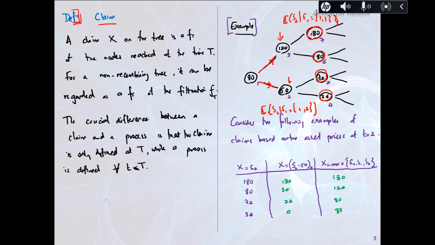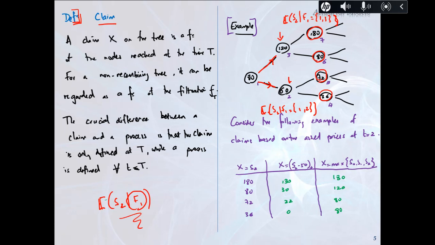So here we are showing that the expectation of S2 given F1 is a very important calculation. Why? Because F1 is inducing information in that expectation.